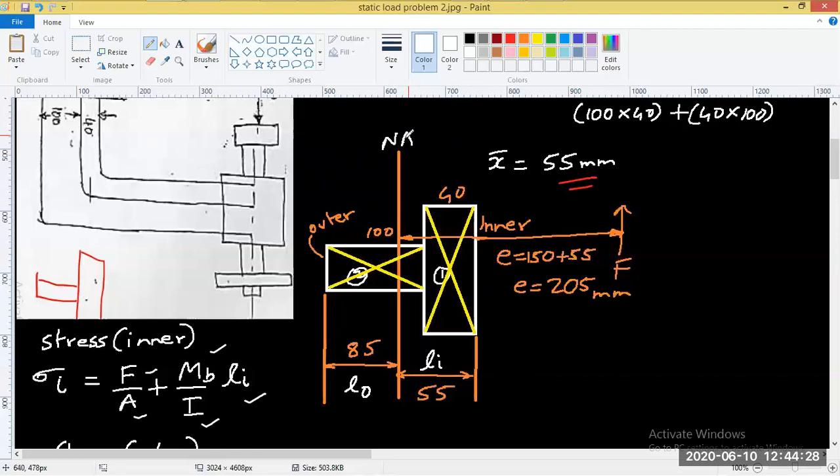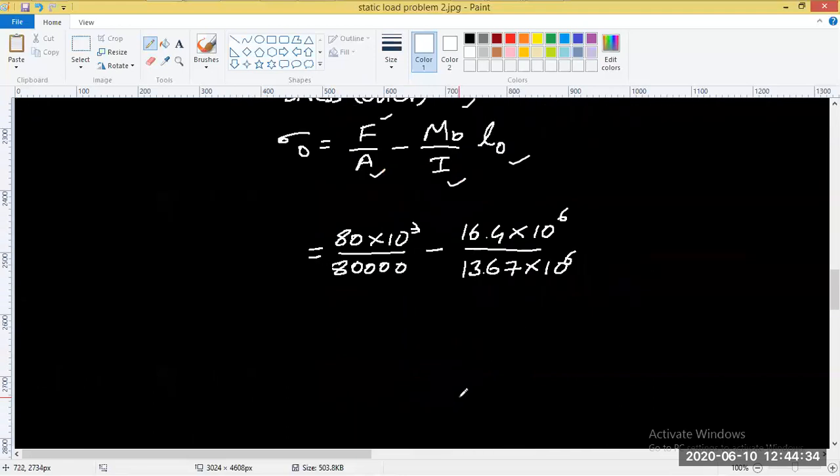From the neutral axis, the outer fiber is at 85 mm. So this is into 85. Let's calculate this: 16.4 into 10 power 6, divided by 13.67 10 power 6 into 85, and then 8,000 divided by 83, minus that answer.